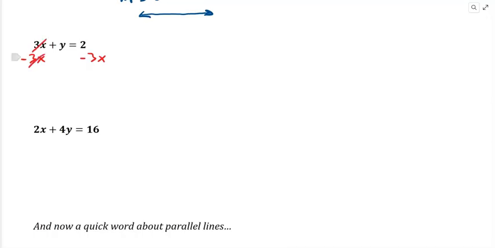Those two, of course, will cancel each other out, and now I have y equals 2 minus 3x. But here's the thing, that's not slope-intercept form yet, so let's rearrange the terms on the right-hand side. I'm going to put that negative 3x in front, and that's a positive 2, so I put plus 2. There you go, slope-intercept form.